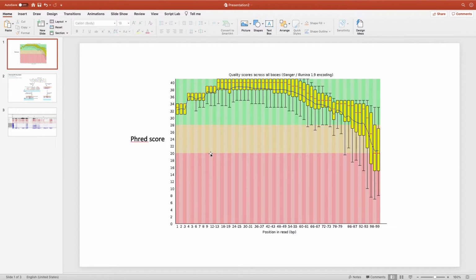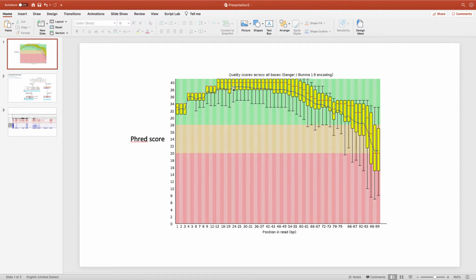Anything in the yellow zone, you're now seeing lower quality scores, and in the red zone, you really want to get rid of it. So this is a normal trend in the Illumina sequencer. And also here, the blue line is actually the average score that you're seeing. This is a very common trend of Illumina sequencers. It could be HiSeq or MiSeq or NovaSeq.